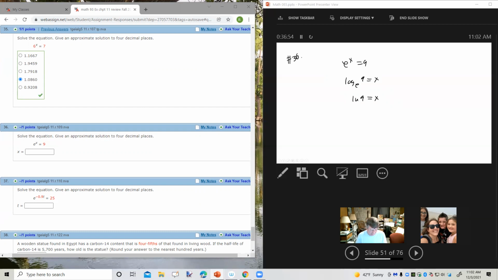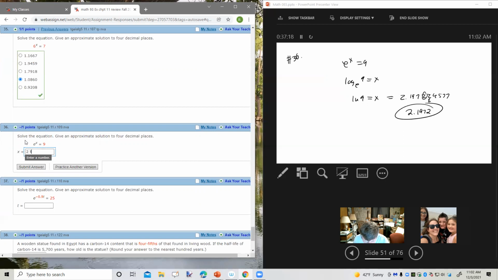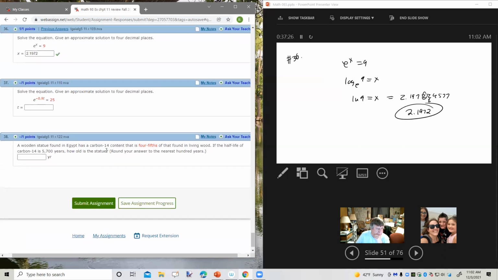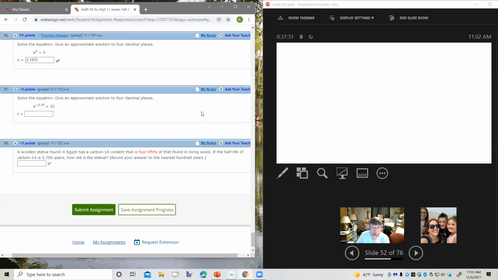So x is the natural log of 9, which is 2.197224577. 4 places right there, the 2 rounds down, so we should get 2.1972. Okay, good, yes.